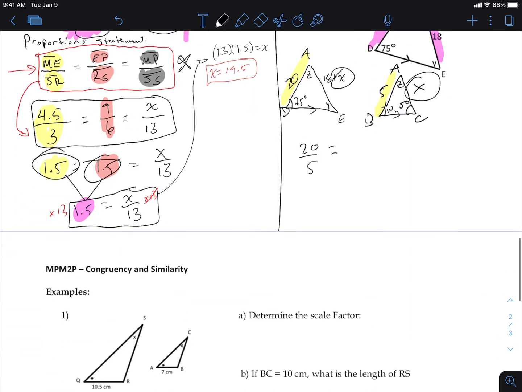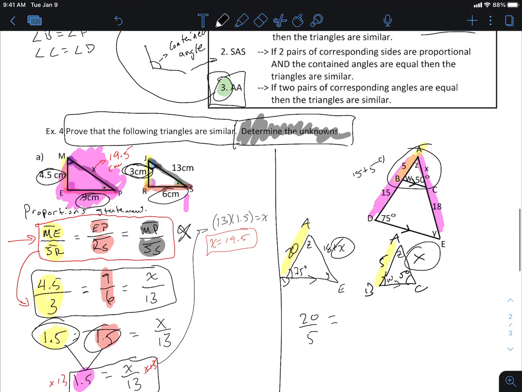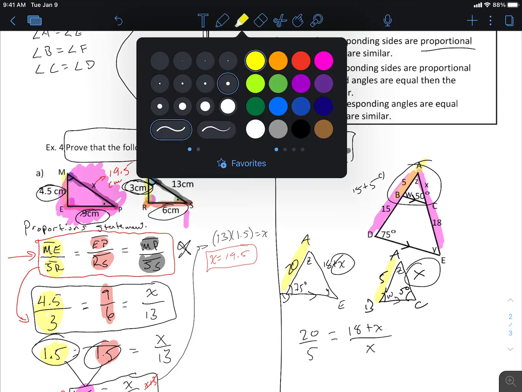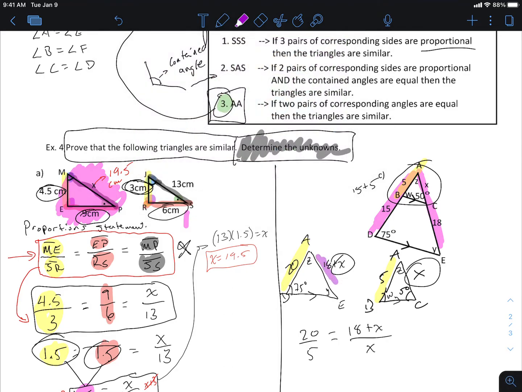You're going to see down here when we start doing some of the word problems, it's not so bad. So here's the catch here, though. This is going to be equal to 18 plus x over x, because these are the side lengths that I've matched up. You can see here, 18 plus x goes with the x side length here.